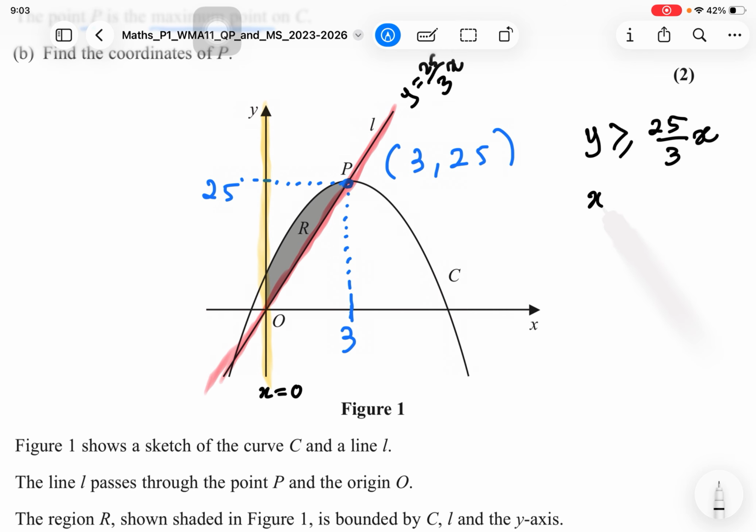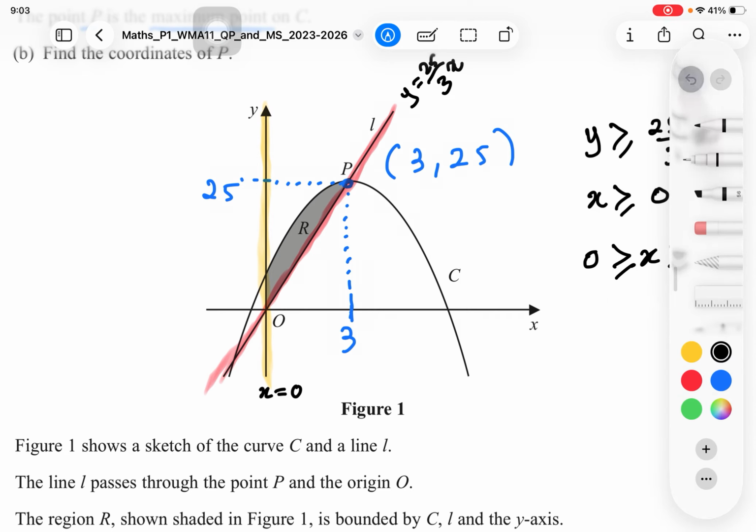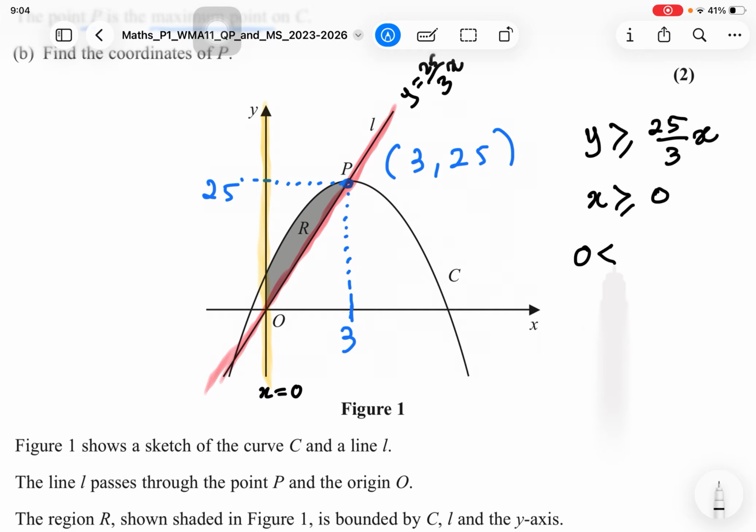Here also it's going to be positive, so it will be greater than or equal to 0. If we want to be very specific, we can say this is the 0 to 3 region. So 0 less than or equal to x and x less than or equal to 3. We can be very specific like that as well, but this is good enough to say x is greater than 0.